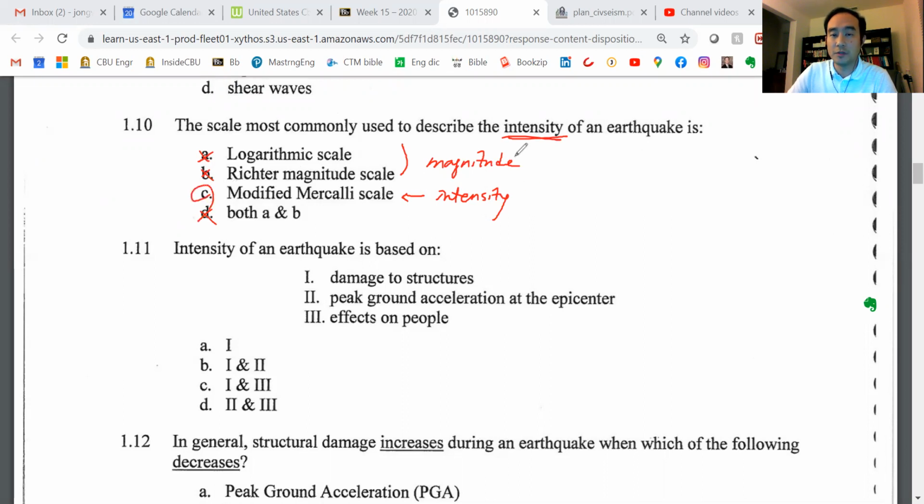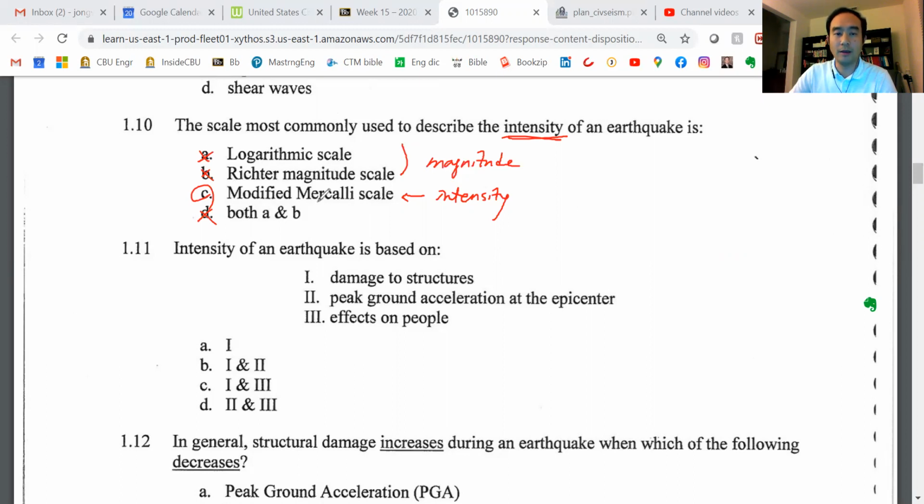And what is the difference between magnitude and intensity? Intensity is a very subjective measure, while magnitude is an absolute measure. We have an equation, either moment magnitude or Richter magnitude. We have a specific equation, so when you put the energy quantity into the equation, we get a numerical number.